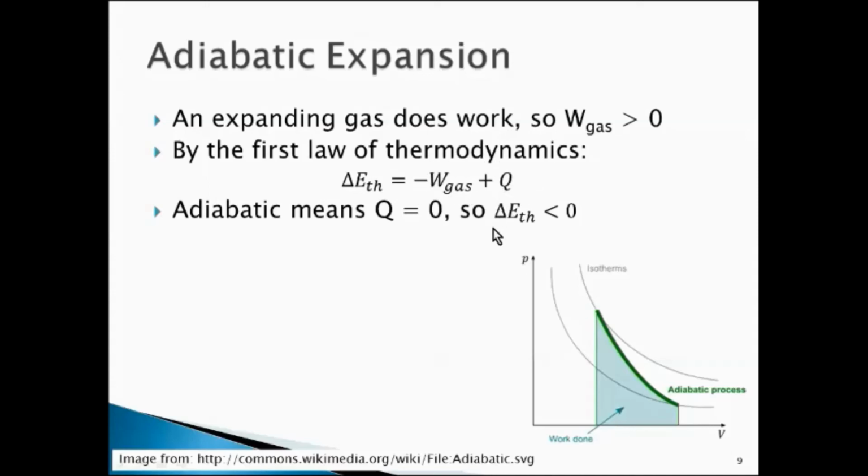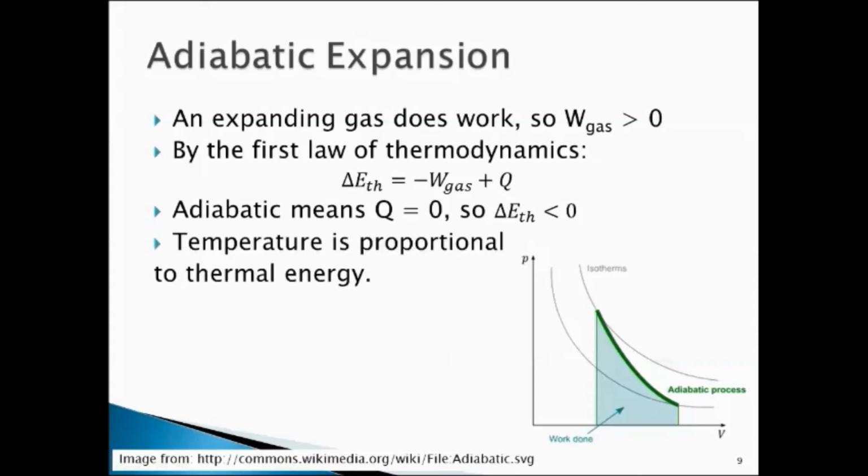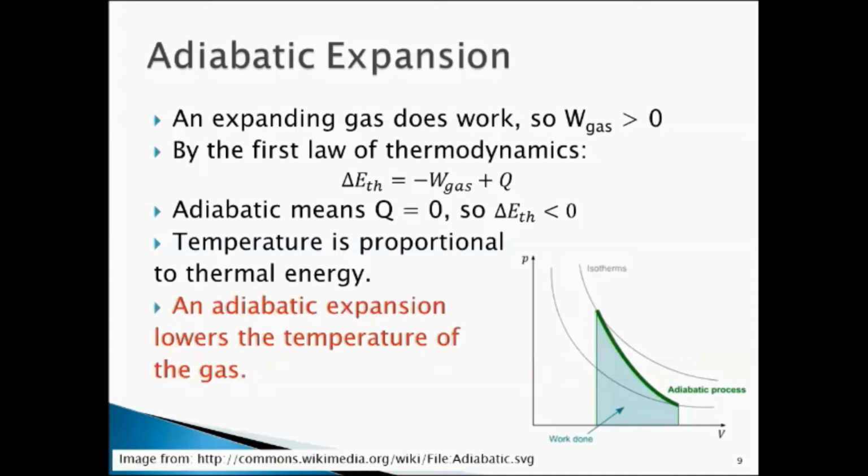That means that the change in thermal energy is less than 0. Temperature is related to thermal energy, and so the conclusion is, and this is an important idea about adiabatic expansion, as something is expanding adiabatically, the temperature of the gas is going to be lowering.